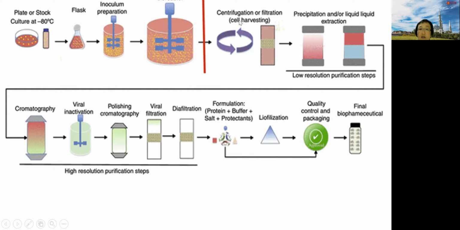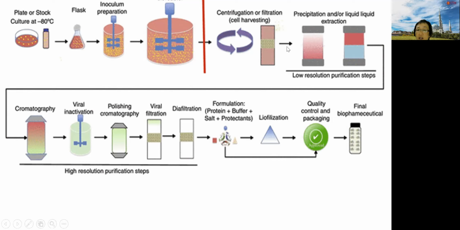So cell is usually harvested using centrifugation or filtration. Then it will go through a series of purification. We call it low resolution first, followed by high resolution. So for low resolution, usually it will involve precipitation to precipitate our protein from the liquid phase.